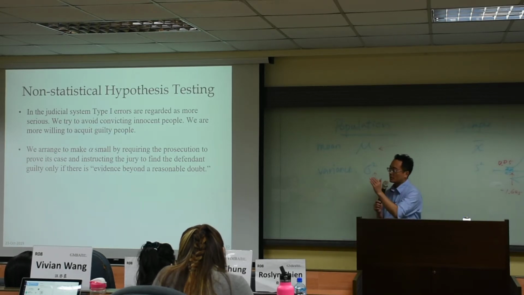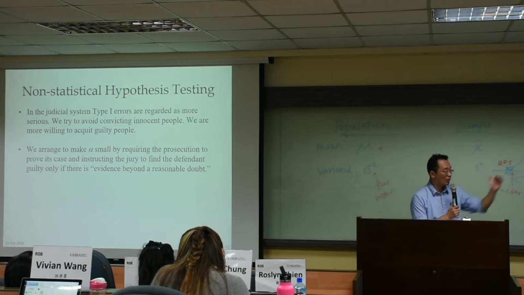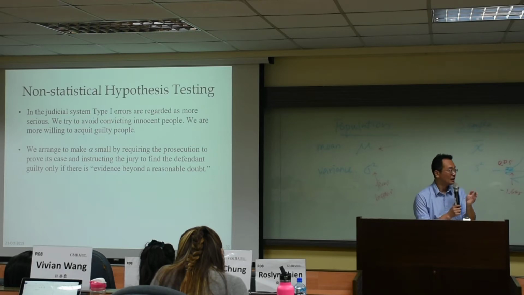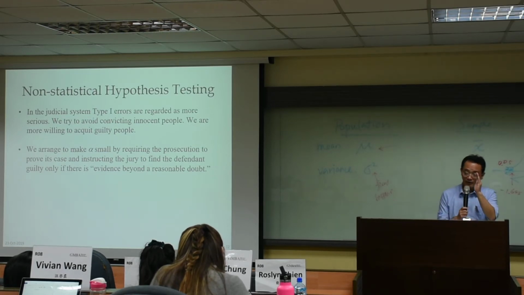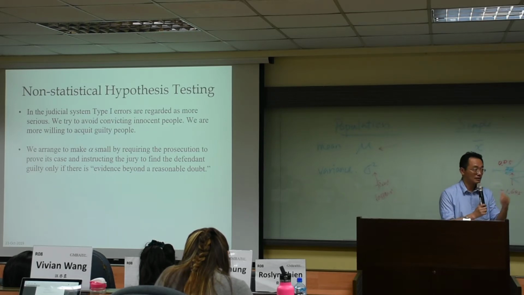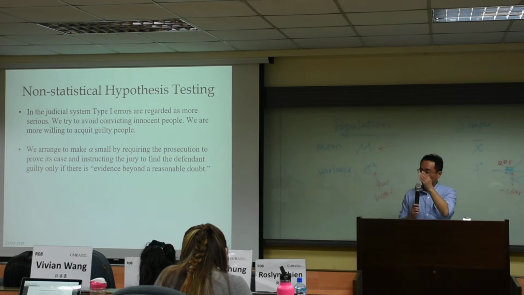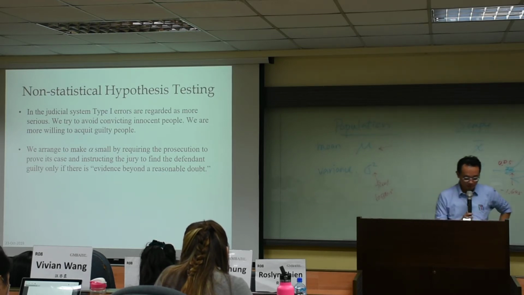So in statistics or in the judicial system, we prefer to control alpha. We try to keep alpha small because type 1 error is more serious than type 2 error. So either in statistics or the judicial system, we have this kind of similar mindset.